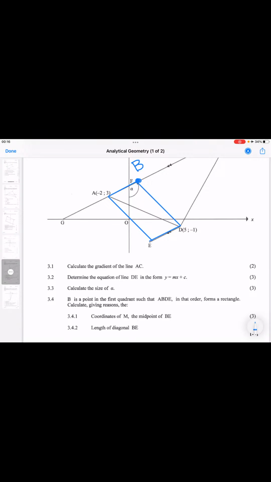We do not have the coordinates of B, we do not have the coordinates of E. But what we know is that we do have a rectangle. And what we know about a rectangle is that we have diagonal lines which share a common point, being the middle point.